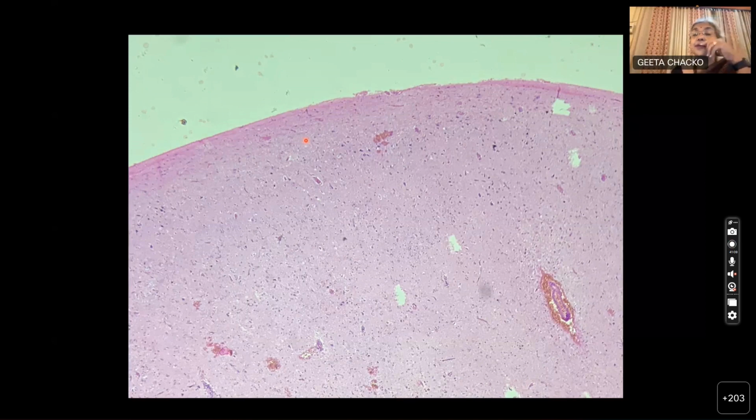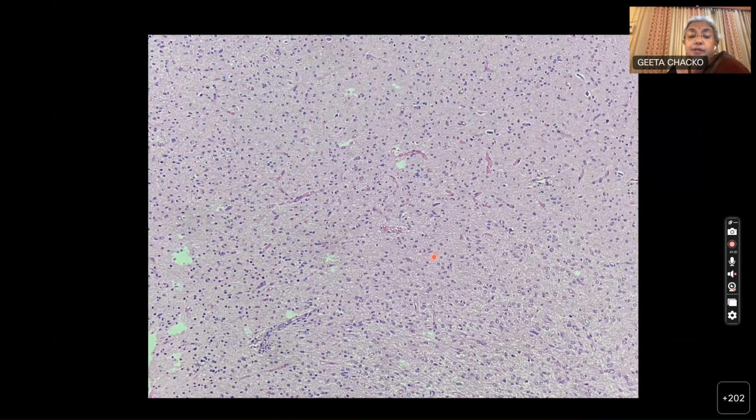Moderate cellularity. Yeah, I would say very mild increase in cellularity. A moderate would be much more. You're seeing more of this pink background, and it's actually the cerebral cortex with the tumor just going into it. So you're seeing just a mild increase in cellularity, but here it's moderate. I agree. Yeah, describe this.